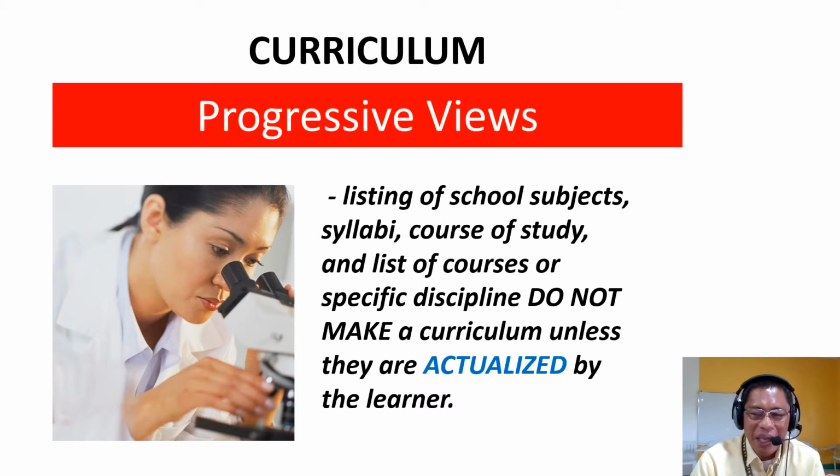So hindi basta meron kang listahan ng mga subject, curriculum na. Yun ang kanilang paniniwala. No? That is the view of the progressive thinkers in education. So let us go over the different definitions of curriculum given to us by the progressive thinkers.